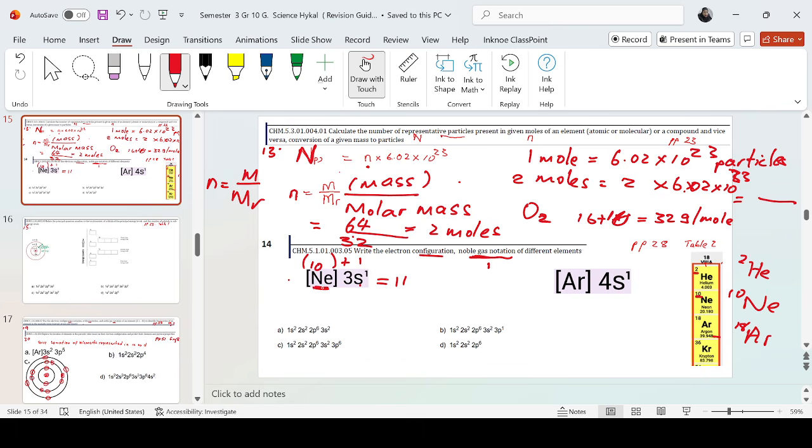Neon is a noble gas representing 10 electrons, plus 1 more after neon. Let's come to this one. This noble gas, argon, has 18 electrons, plus 1 in the 4s. So how many electrons here? 19.